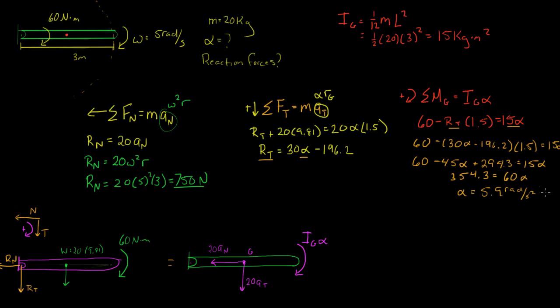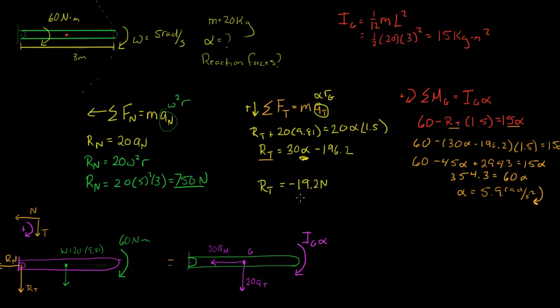It's positive, so it's rotating the same way that I've said is my positive rotation. And now I can plug this alpha back into this equation right here, and I can get my tangential reaction force, and I get my tangential reaction force is equal to minus 19.2 newtons.